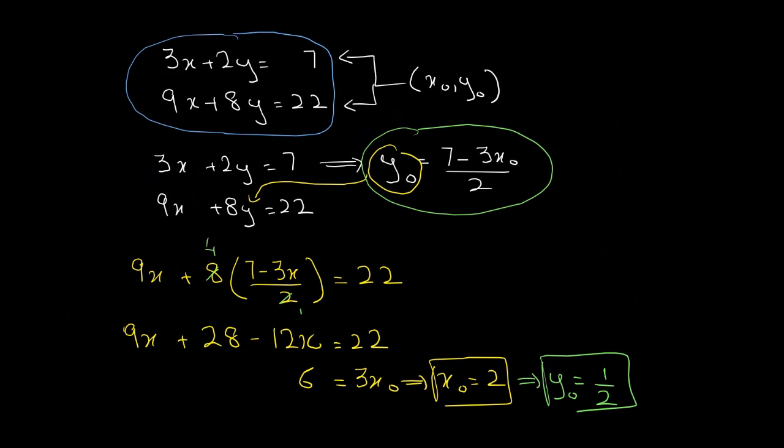So they get the answer x is equal to 2 and y is equal to half, because they don't actually differentiate between the point and the function. I was just being a bit more careful and trying to differentiate between the point and the function. But in general, it's not the usual practice, and people just work with x and y, and they confuse the x and y point with the x and y which represents a general functional relation that is captured by the line. Okay, thank you.